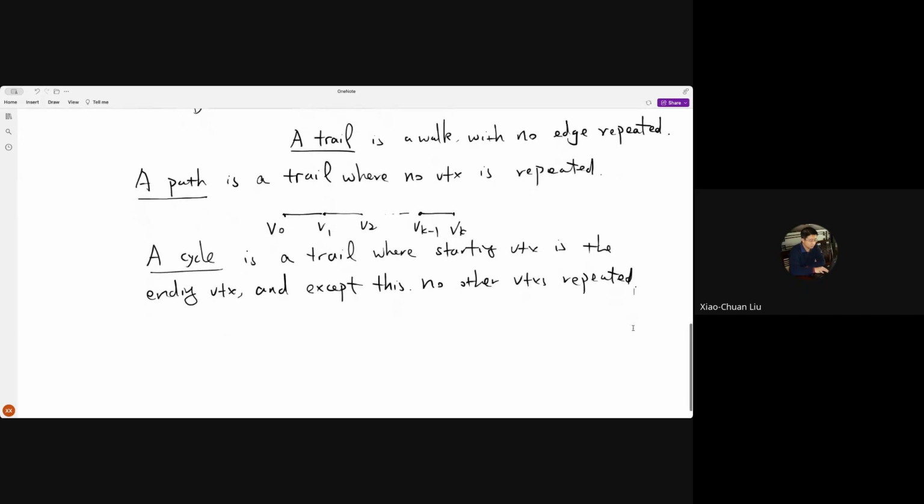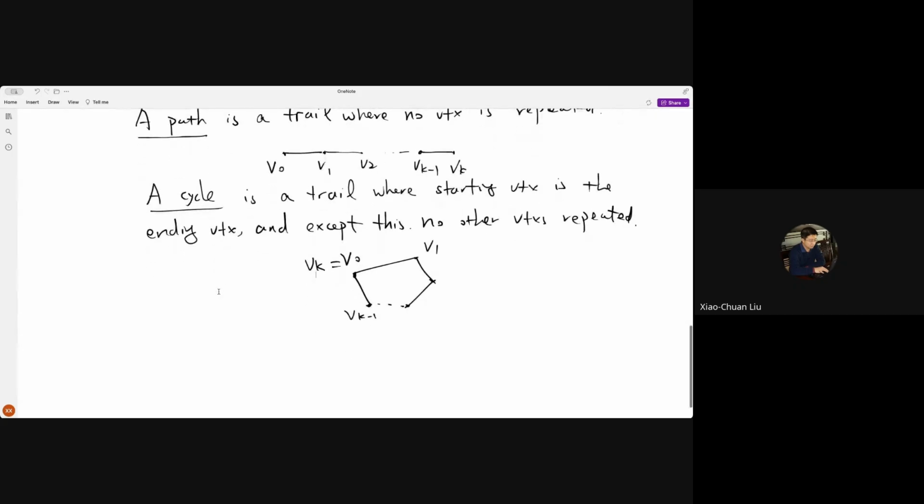Okay, so everyone knows what's going on, but you have to make this precise. So you have V0, maybe V1, and so on. You get Vk minus 1, and you come back. It equals Vk. Okay, something like this. So this is a cycle.